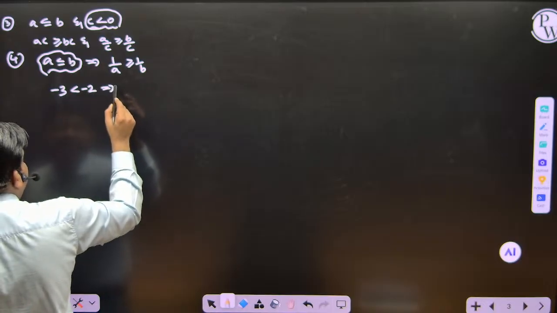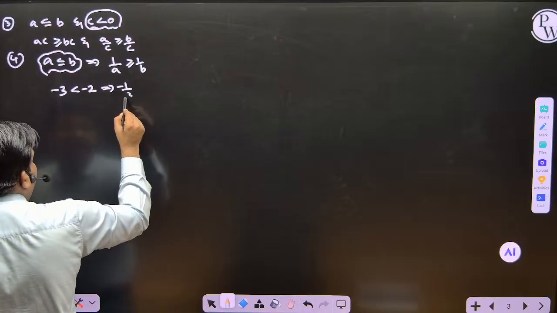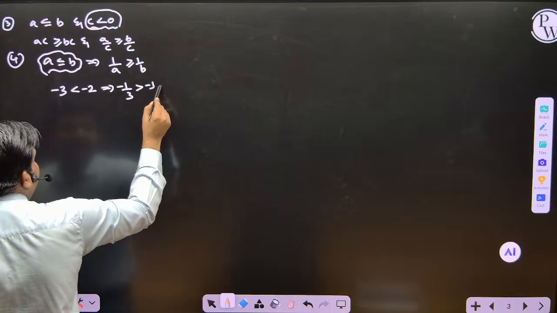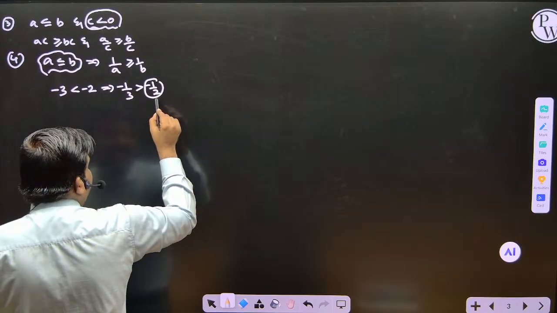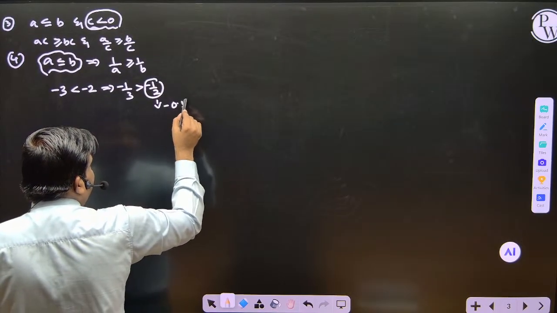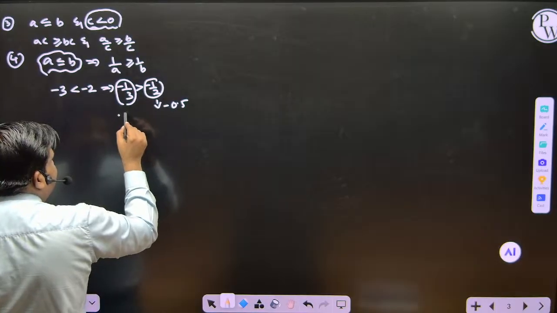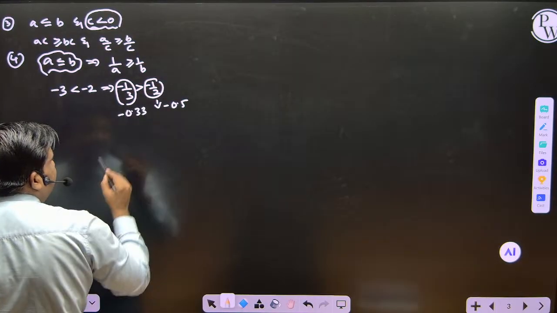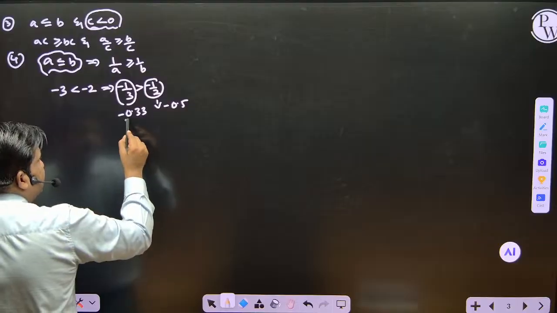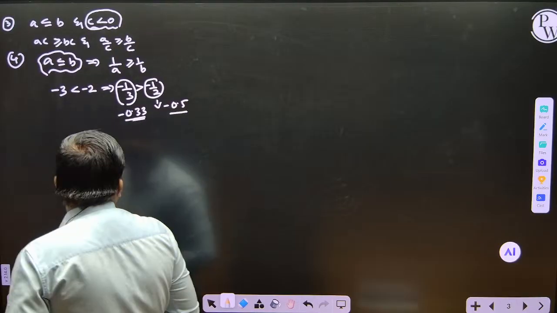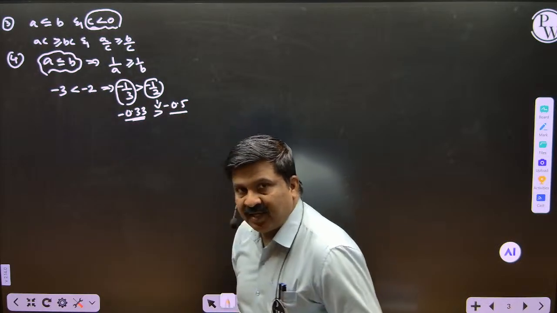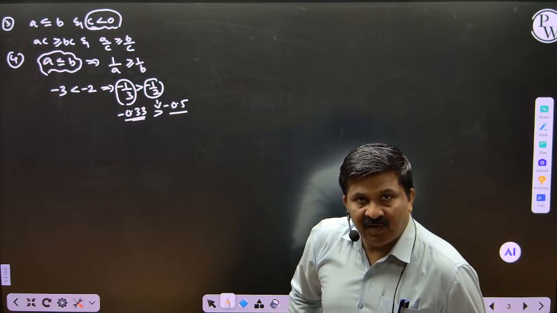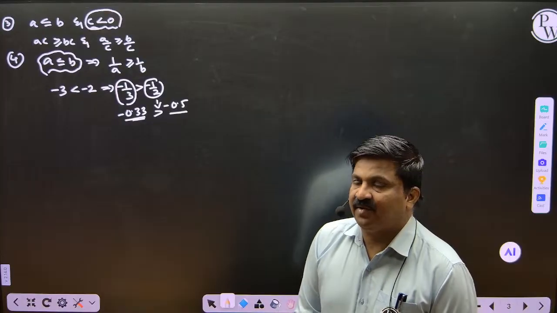If I take the reciprocal, minus 1 by 3 is greater than minus 1 by 2. Why? Minus 1 by 2 is minus 0.5, minus 1 by 3 is minus 0.33, and minus 0.33 is greater than minus 0.5, because the least negative is always more than the greatest negative value.